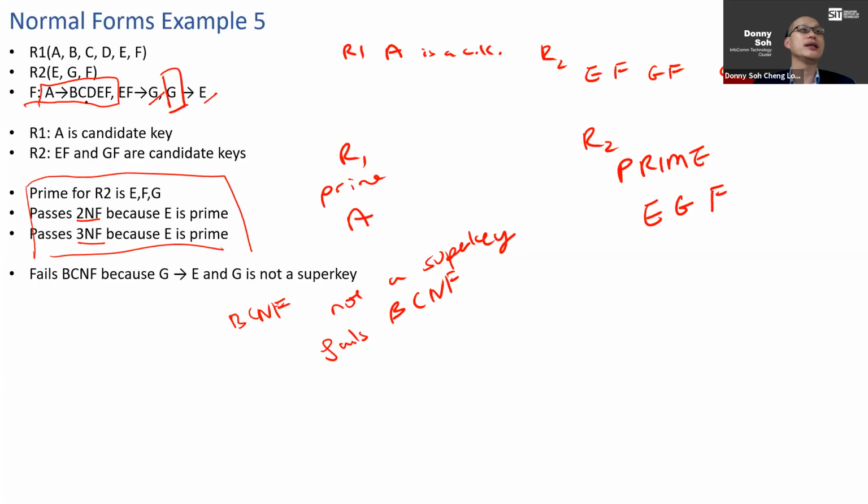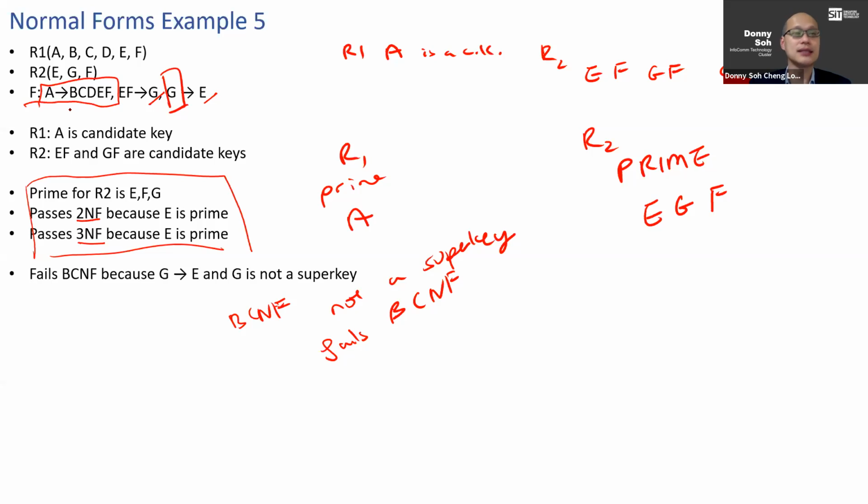This is also in 3NF because all the rest are non-prime and it's dependent on the only candidate key. And this is also in BCNF. So this one actually is a trivial example. Okay.